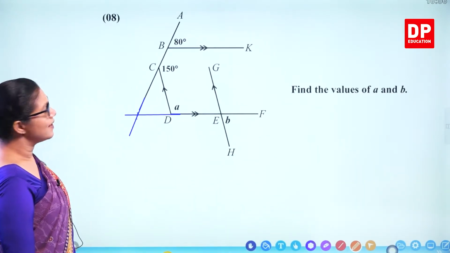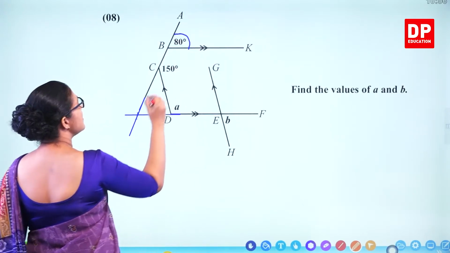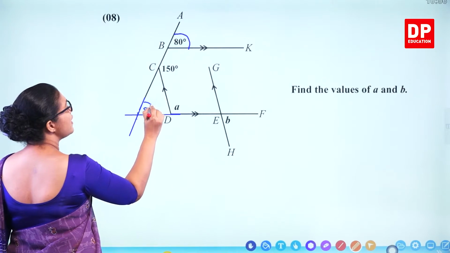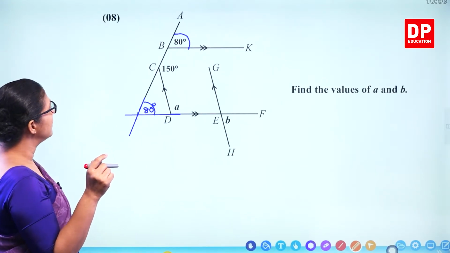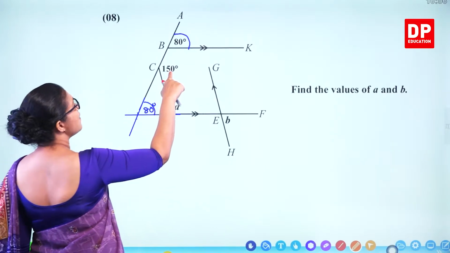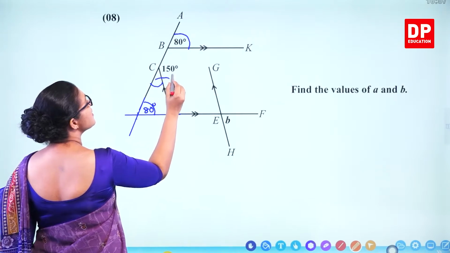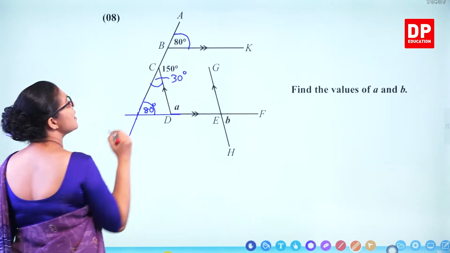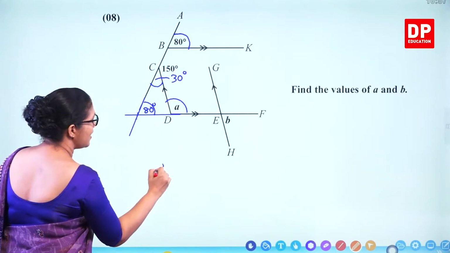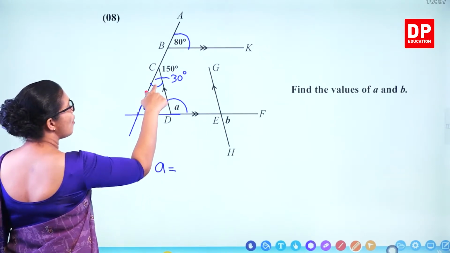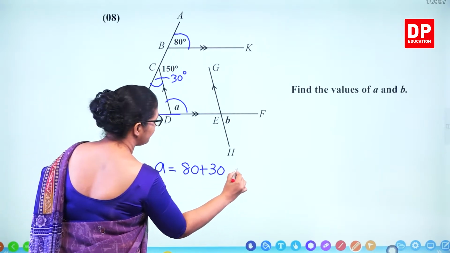Now we can see these 2 lines are parallel. If this is 80, this is also 80. Corresponding angles are equal if the 2 lines are parallel. And if this is 150, what is this angle? 180 minus 150, that's 30. Now we can see A is equal to the sum of opposite interior angles, 80 plus 30.